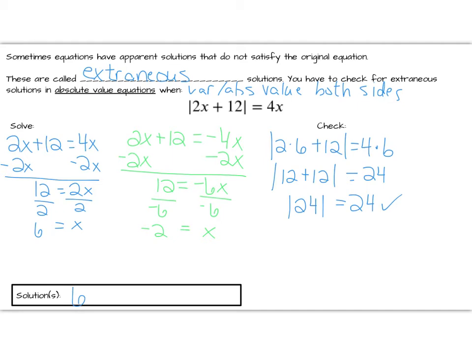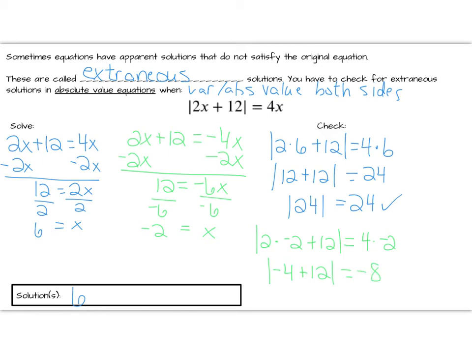Now let's check the negative 2. So I'm going to check the absolute value of 2 times negative 2 plus 12. Does that equal 4 times negative 2? So 2 times negative 2 is negative 4. So this is going to be the absolute value of negative 4 plus 12. And 4 times negative 2 is negative 8.